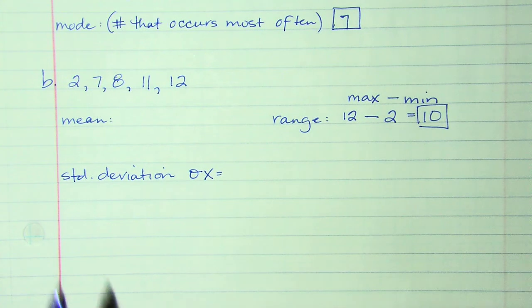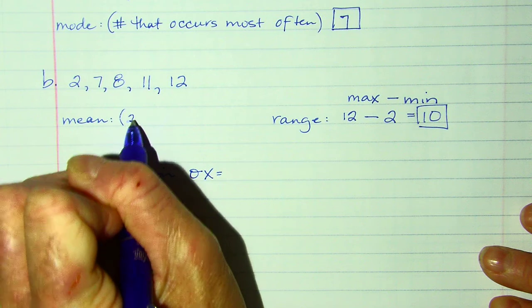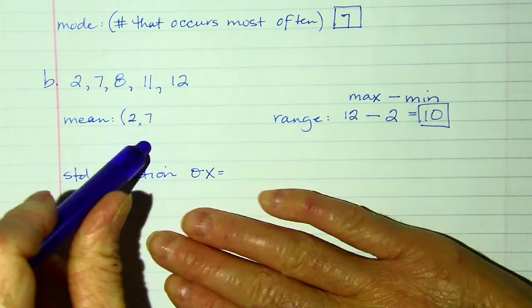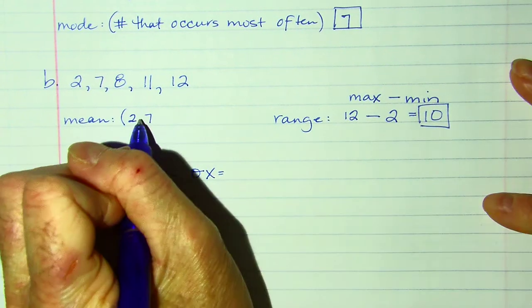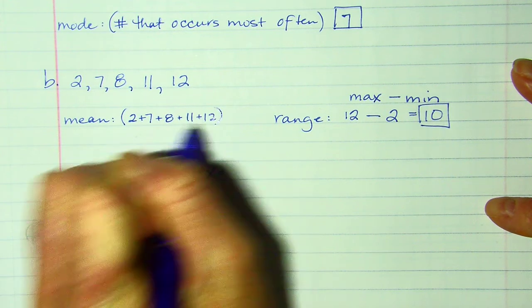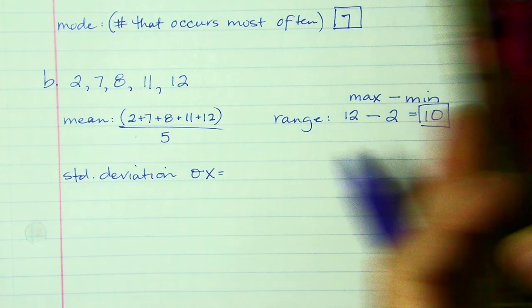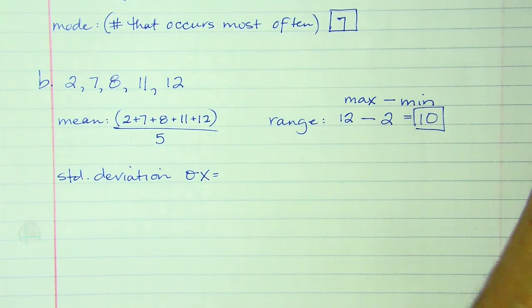Okay? For mean, I'm going to go ahead and use Desmos, but you can do it by hand. Whoops. In Desmos, use commas. 2 plus 7 plus 8 plus 11 plus 12 divided by 5, right? Or you can use the phone. It's whatever you think is easiest. Now, I think that adding them up with a calculator would be faster, but 2, 7, 8, 11, 12.